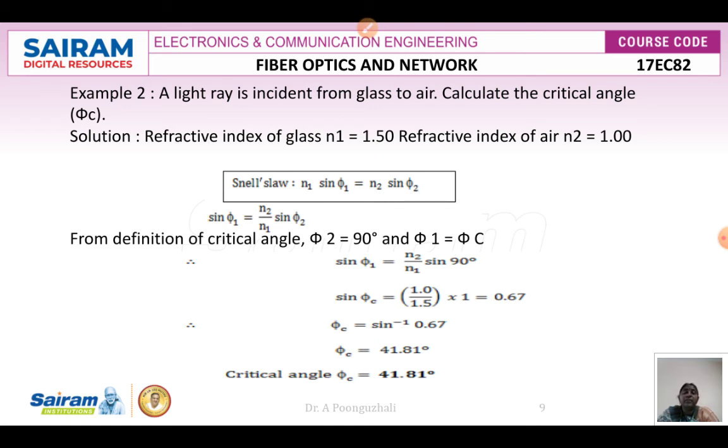Substituting, sin phi c is equivalent to n2 by n1. n2 is 1, divided by n1 which is 1.5, times sin 90 which is 1. So the value is 0.67. Phi c is sin inverse of 0.67, which is 41.81 degrees. So the critical angle is 41.81 degrees.